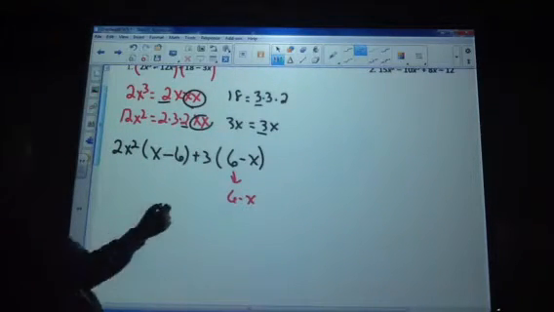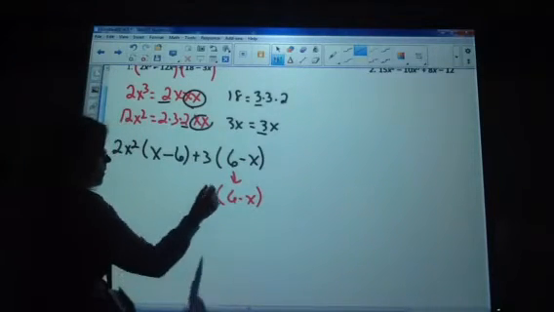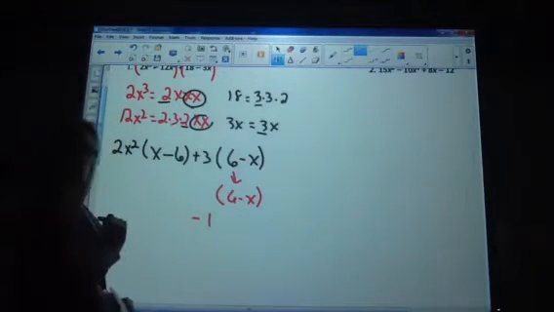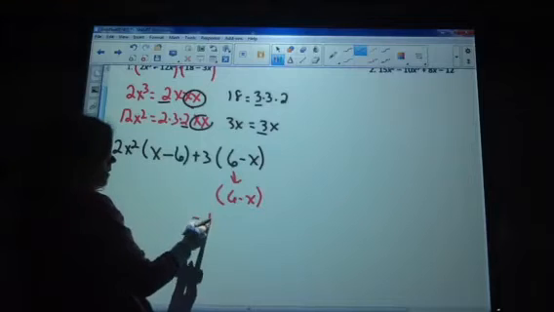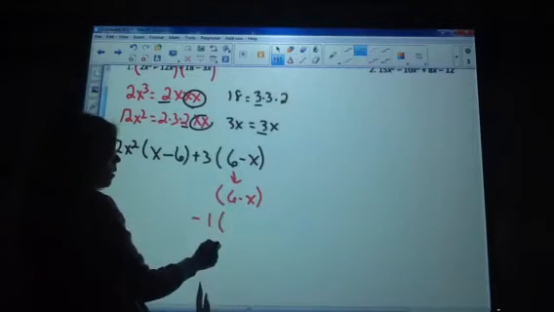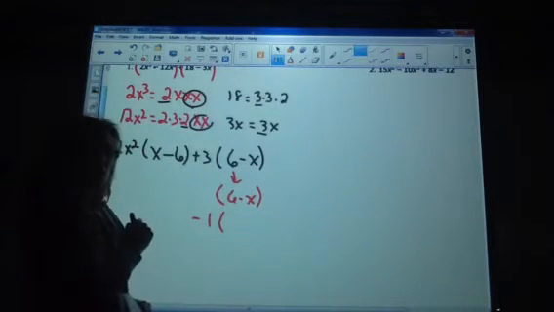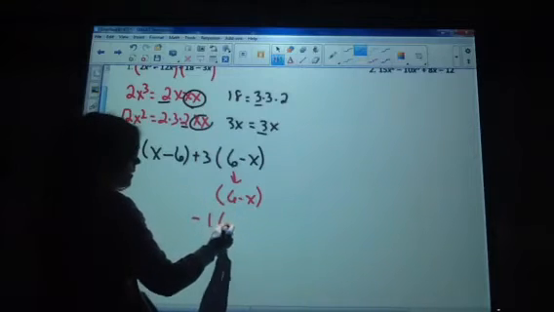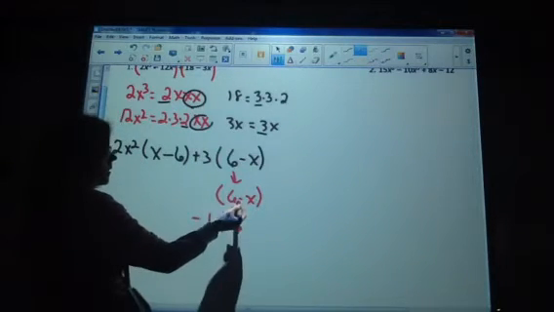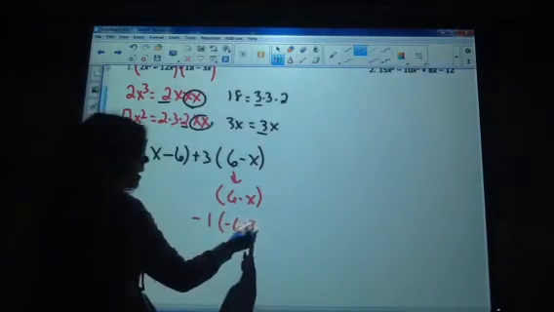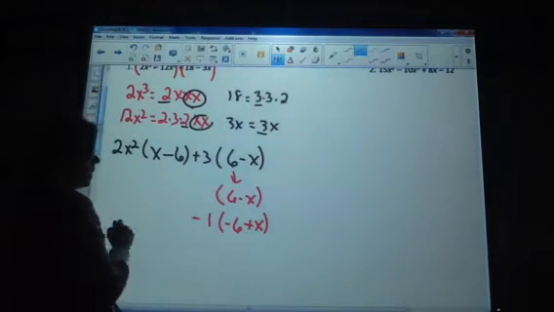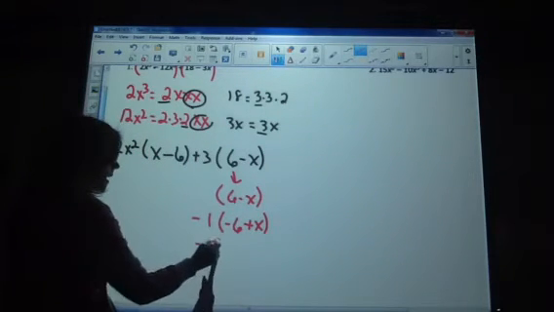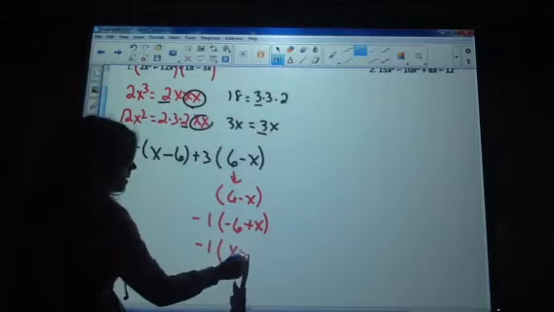What you can do with this is you can factor out a -1. So if we factor out a -1 from this binomial, every term inside goes to its opposite. So that is now a -6, and the opposite of a -x is now a positive x. So I can rewrite that as x minus 6.